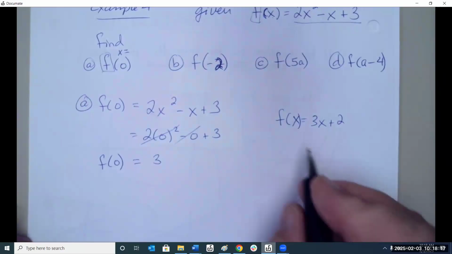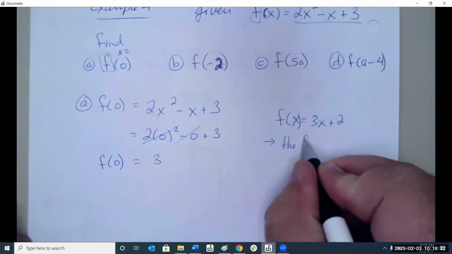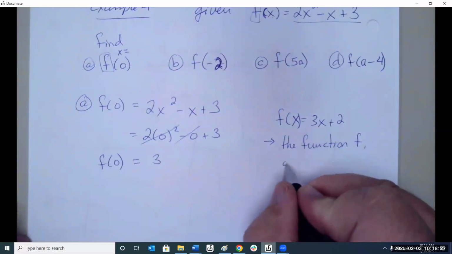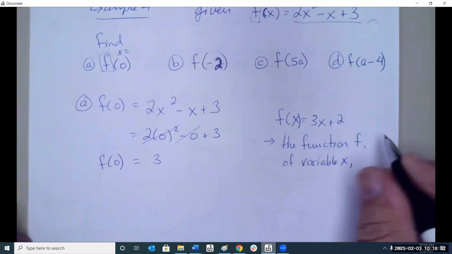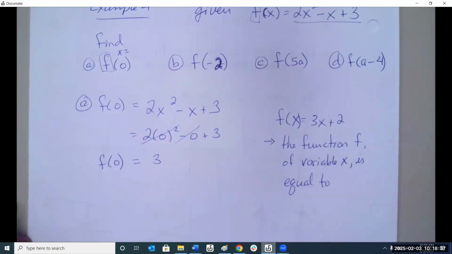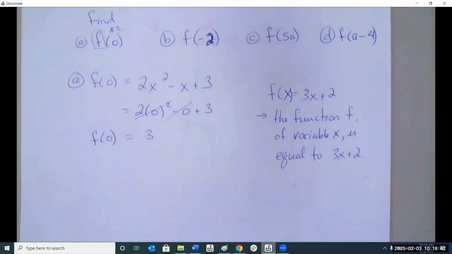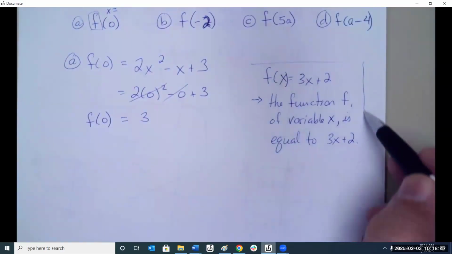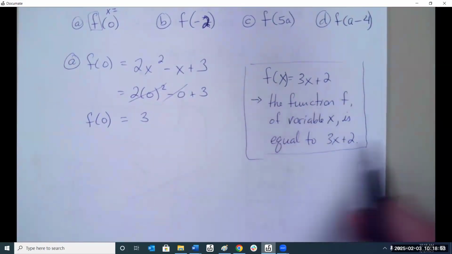Let's say we had this equation. The way you would read this is the function f of variable x is equal to 3x plus 2. That's how you'd read it. But we don't have to read all these words in there.